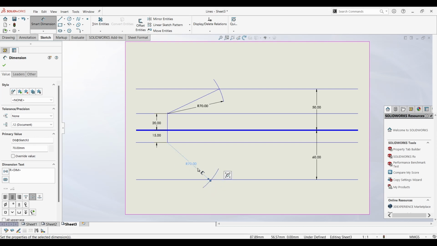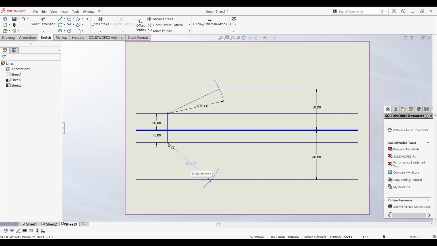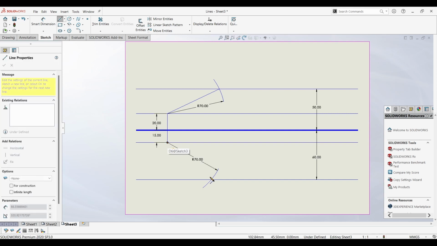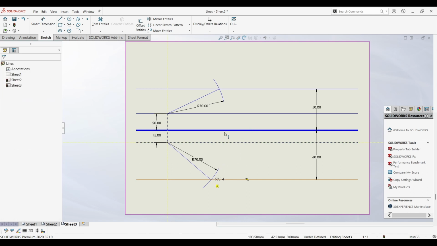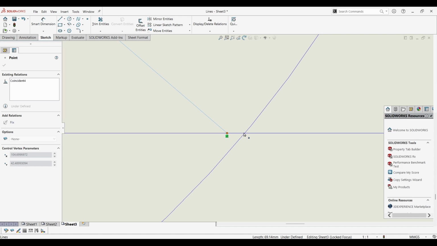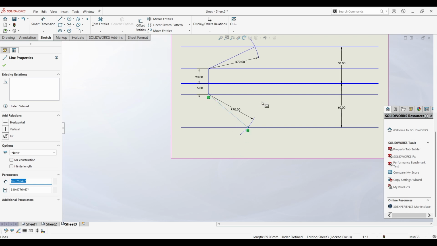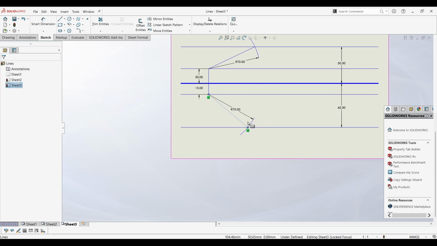Once we get 70, we have to draw the line from this point to this point. Yep, so this is done. Then after this, I would prefer to erase this arc.